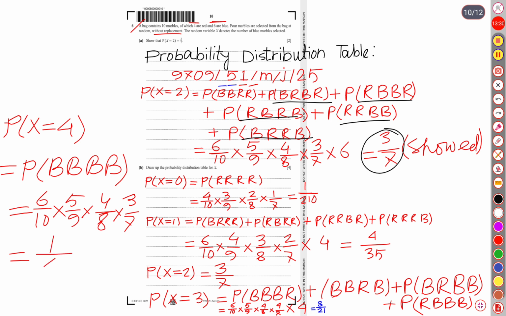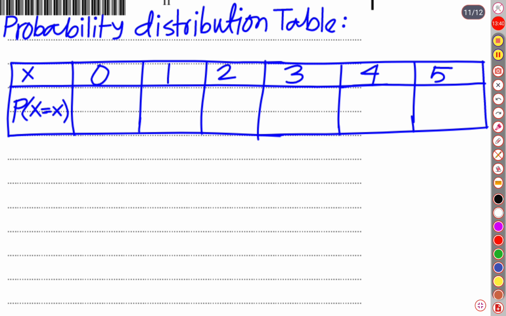Now we have got all the probabilities, so let us write them in a table. So this is our table. Now we are going to insert the values. When x is equal to 0, there are total 5 values.